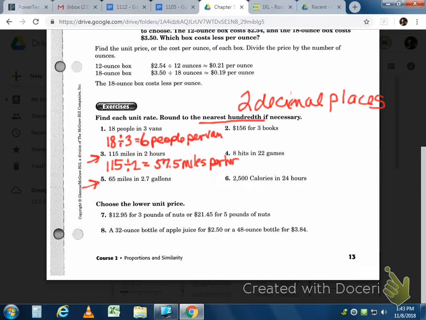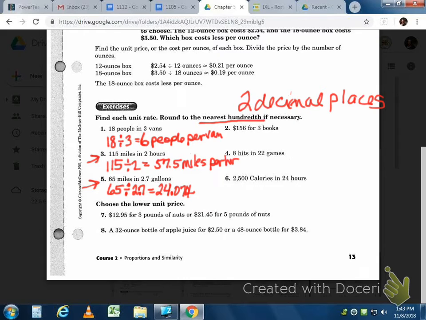Number 5, 65 miles in 2.7 gallons. Jade, what am I going to do? 65 divided by 2.7. If I take 65 divided by 2.7, Jade, what'd you end up getting? Yes. It came out to 24.0740, and it was repeating, 074.